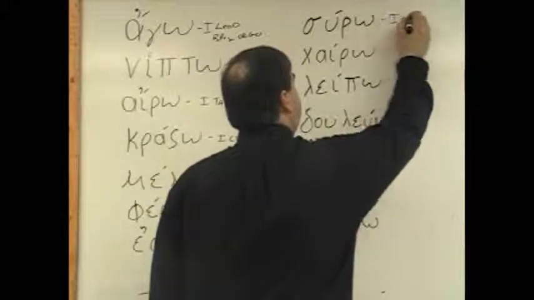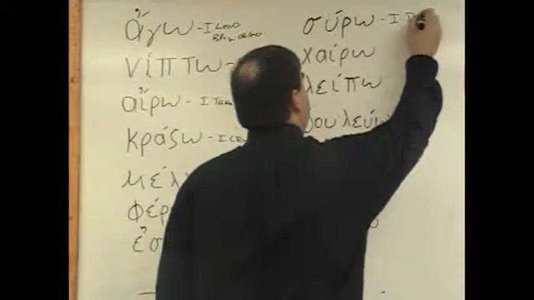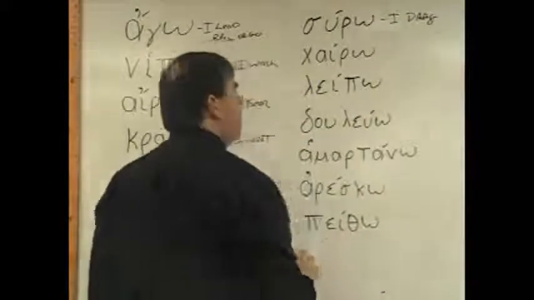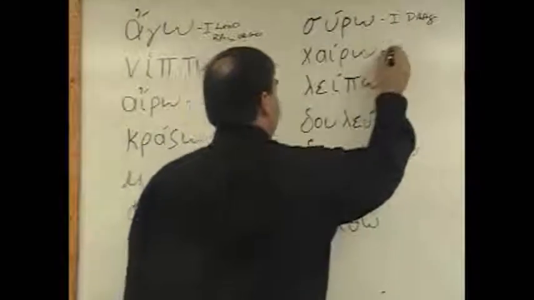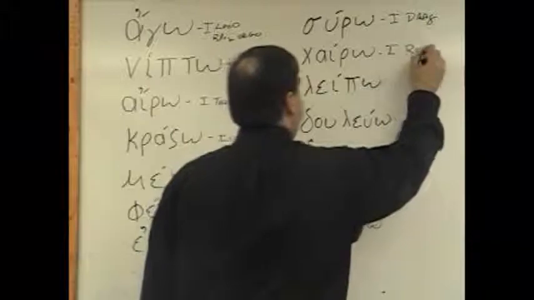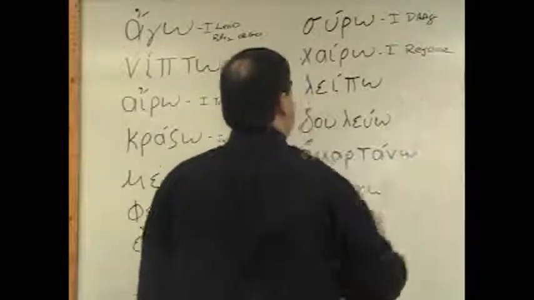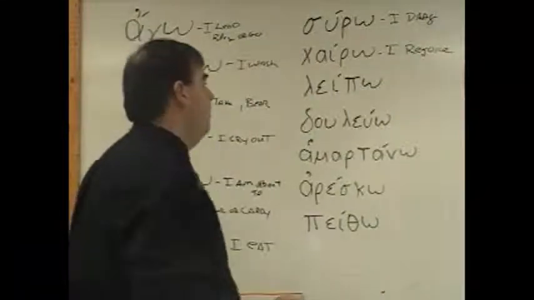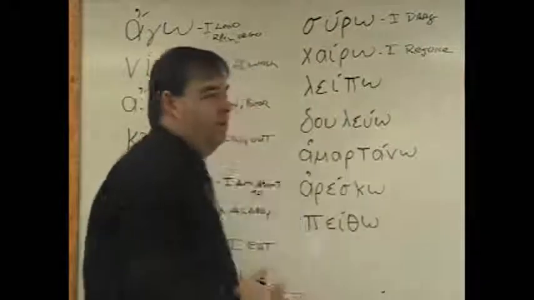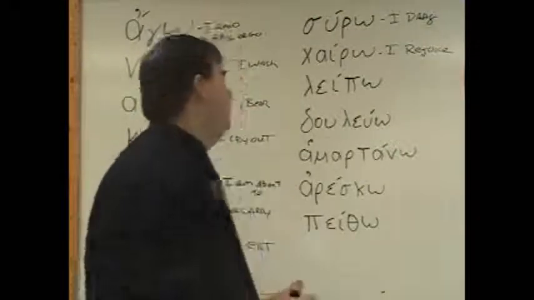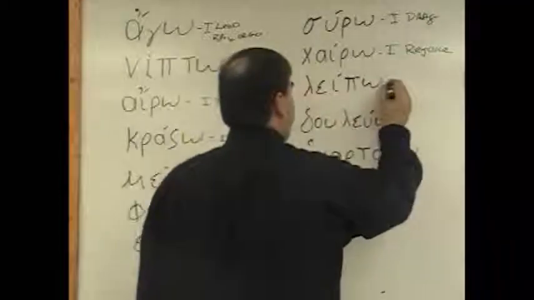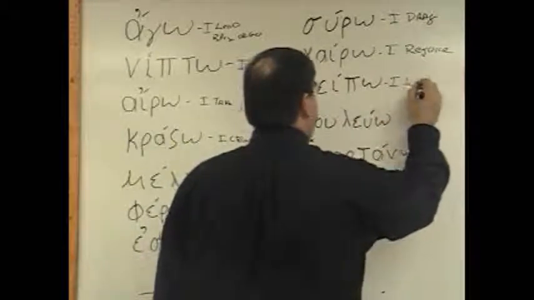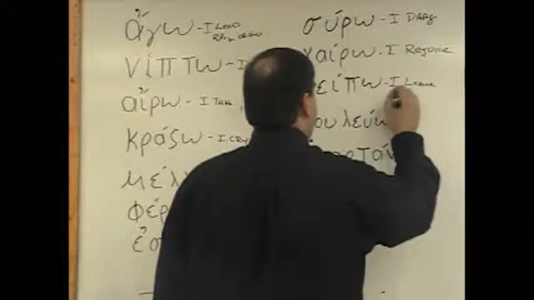Surro is I drag. I realize some of my writing is kind of sloppy here, but that's okay. Chairo is I rejoice. I'm pretty much that way all the time. Okay, not the rejoicing, the sloppy writing. Leipo is I leave or abandon.